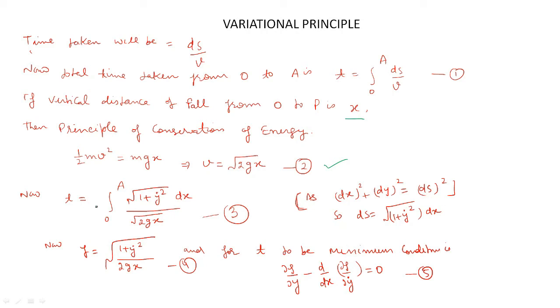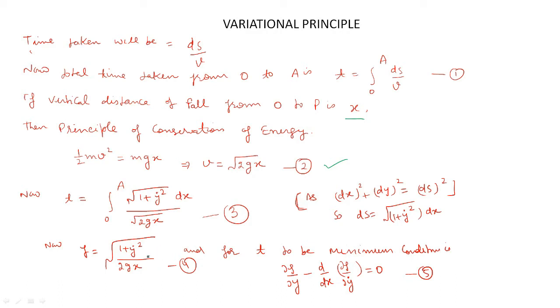Now we will write the value of v in equation number 1, and it will be written as t is equal to integral from 0 to a of ds by v. You know that ds is equal to root 1 plus y dot square, and v is equal to root 2gx. So here your function will be of the form f is equal to root of 1 plus y dot square upon 2gx.